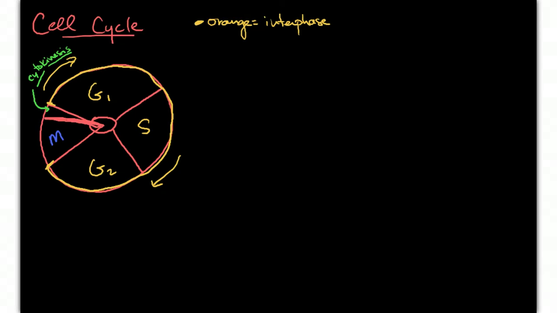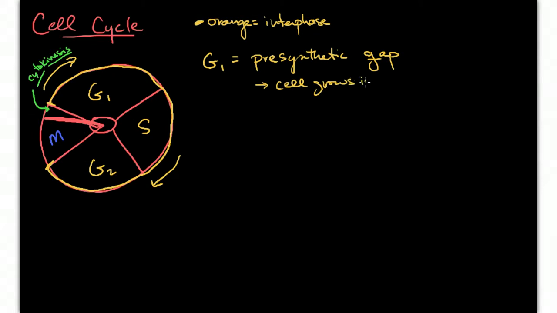So G1 really stands for pre-synthetic gap. And this is really where the cell grows in size.